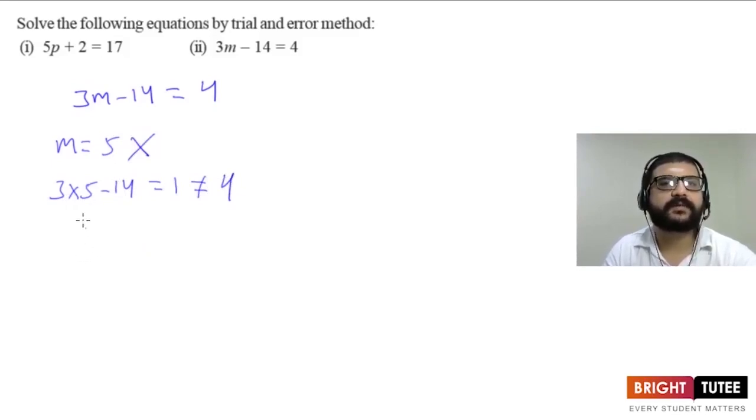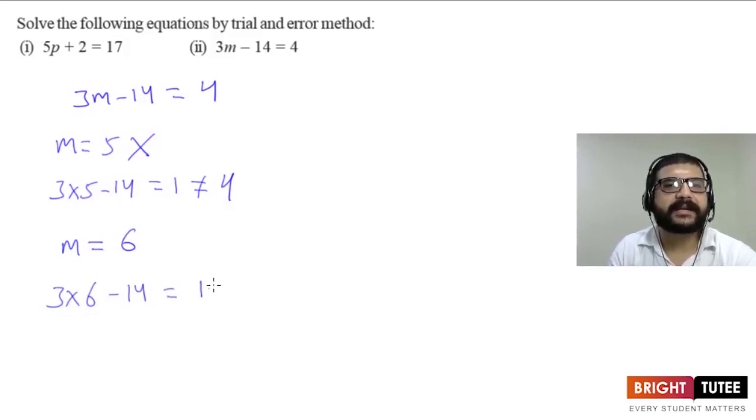Now what should we do? Let's take one more value of m. Let's take the bigger value, which is 6. If we are considering m equal to 6, then we will get 3 into 6 minus 14. Now what is 3 into 6? It is 18. So now we are getting 18 minus 14.